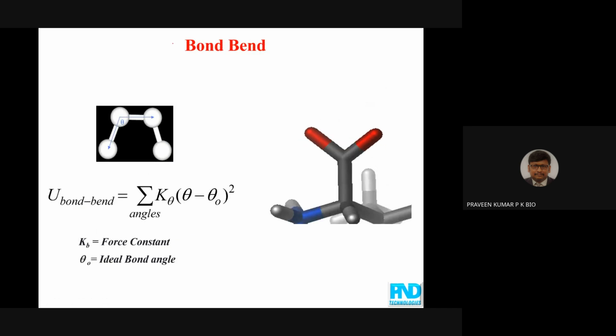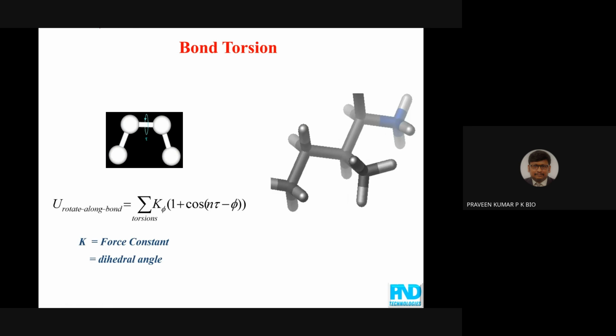The second bonded interaction is the bond bend. The atoms' bonds can also bend like this. For this, whatever small angle you have is theta naught, and whatever wide angle you have is the final angle theta. So the summation of k theta into theta minus theta naught whole square gives you the bond bend. The third bonded interaction is the bond torsion.